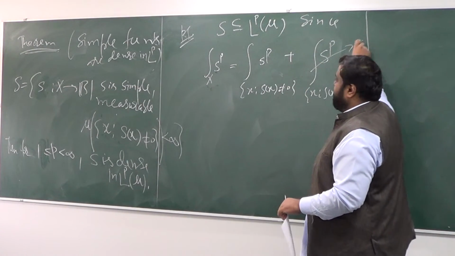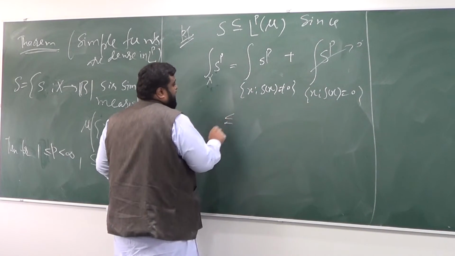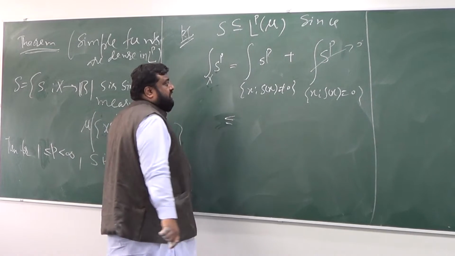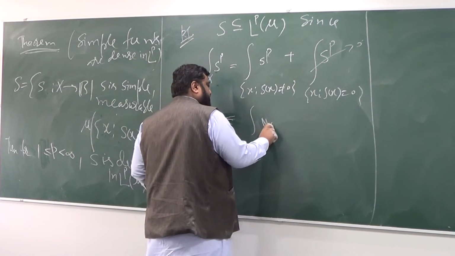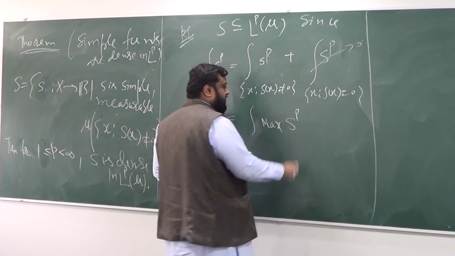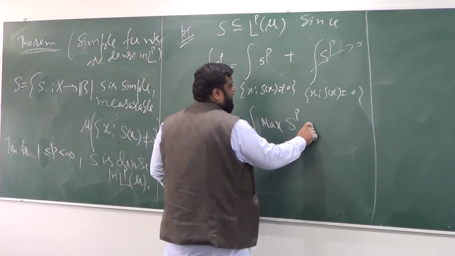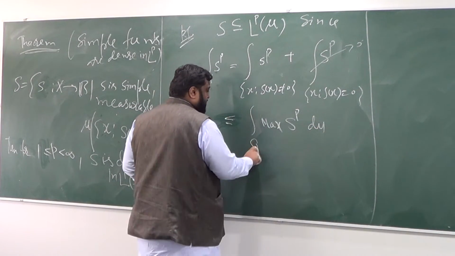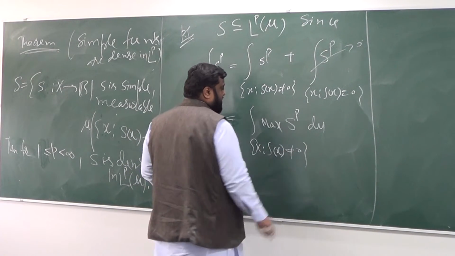But the second will be for sure 0. The first will be the interesting one. So I can estimate this by the supremum of S to the p, integrated dμ over this set where S of X is not 0.